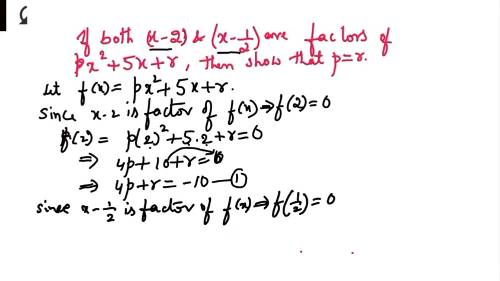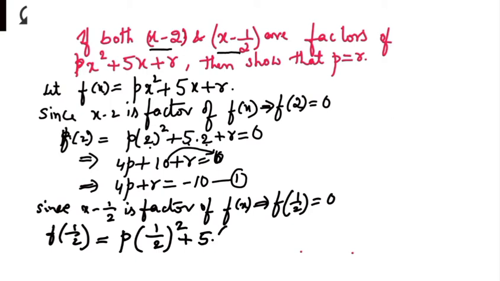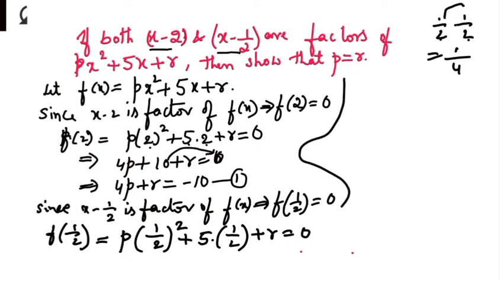That means f of 1 by 2 is nothing but we get p into 1 by 2 whole square plus 5 into 1 by 2 plus r is equal to 0. And 1 by 2 whole square means we have to do 1 by 2 into 1 by 2, that is 1 ones are 1, 2 twos are 4. We get 1 by 4, so p into 1 by 4 plus 5 into 1 by 2, that is 5 by 2.